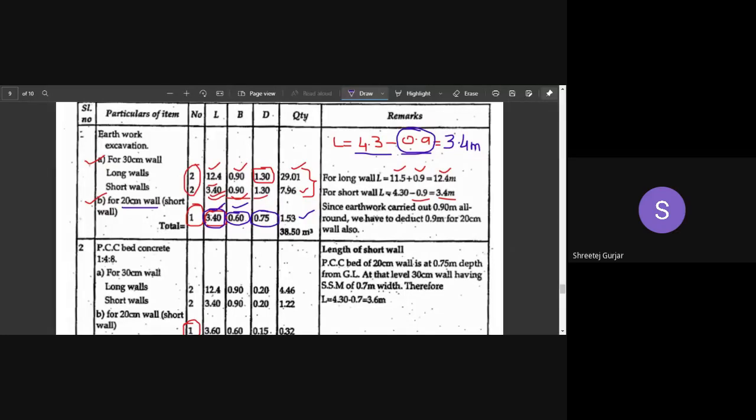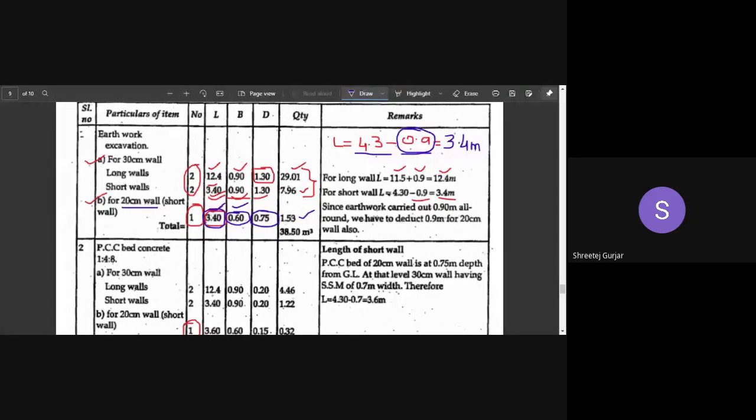In the previous problems, we had the same thickness and same type of wall throughout the plan, so we did not calculate separately. But in this numerical, we have two different walls, so we have to calculate all the quantities separately for both the walls.